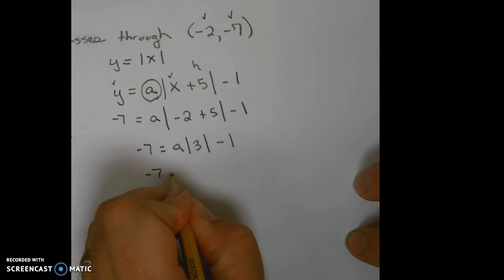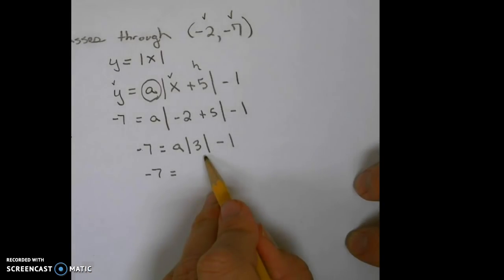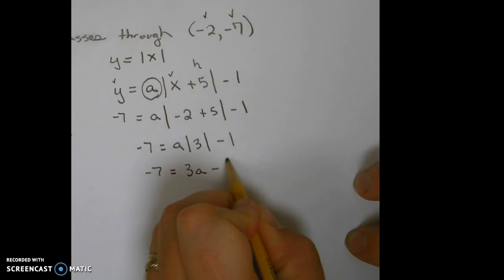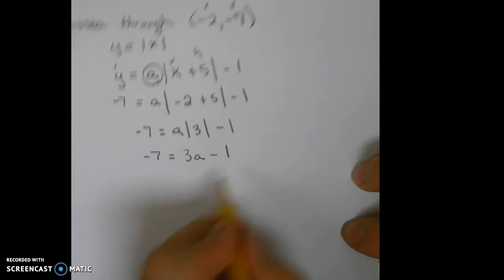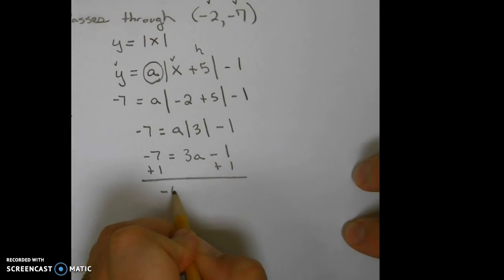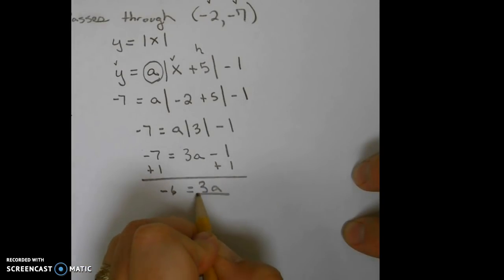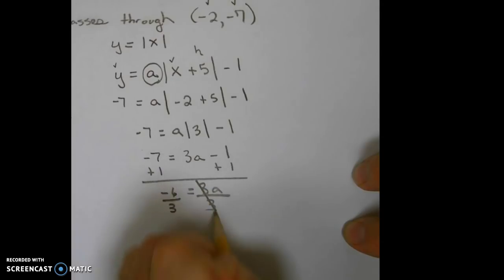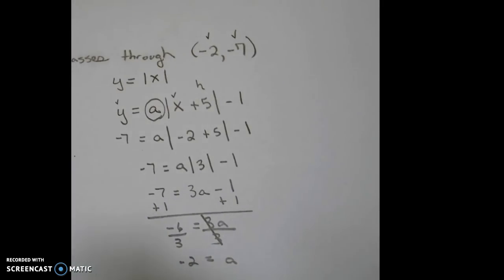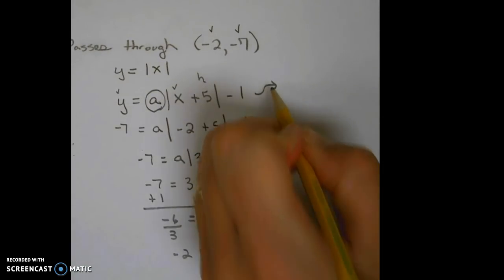Okay, the absolute value of 3 is 3, because 3 is 3 units from 0, so we have 3A. And solving for A, A is -2.